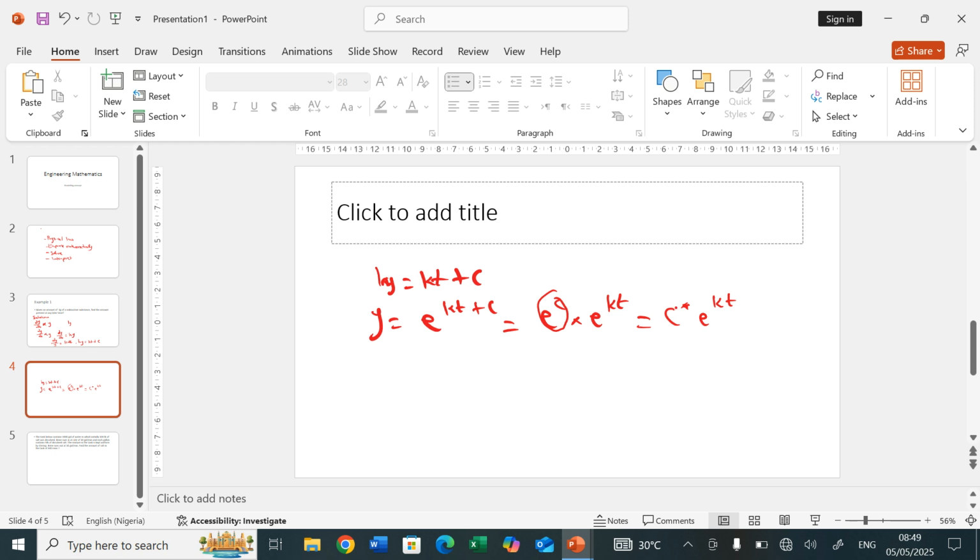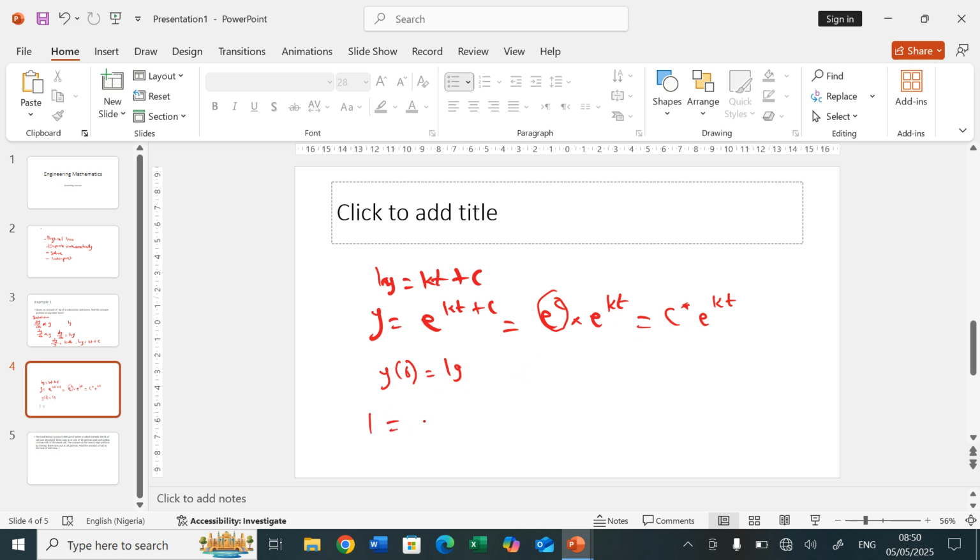Our c star, we need to find it, and our k, we need to find it before we can find the particular solution for this. To do that, we need the initial condition. What are the initial conditions? At time 0, what's the amount of y present at that time? The amount present then was 1 gram. y is equal to 1 gram at time 0. So we substitute that in.